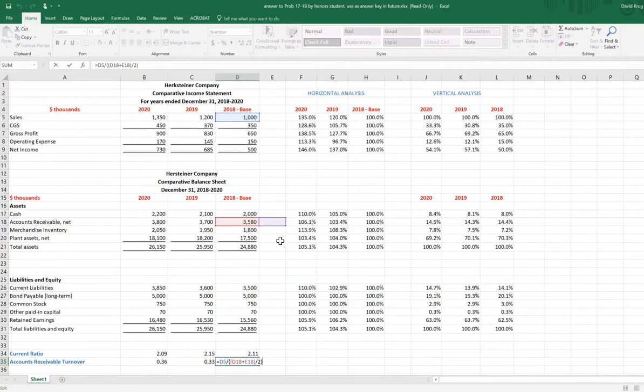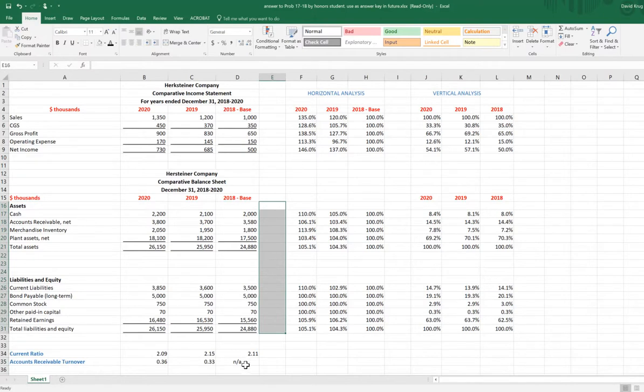I would have to go get those 2017 numbers and put them in there if I wanted an AR turnover for 2018, or I could just say, no, I can't do that, because I don't have this year's data. I cannot figure out 2018 accounts receivable turnover because it requires the 2017 accounts receivable ending balance, and I can't do that. Okay, I'll go ahead and right align this.